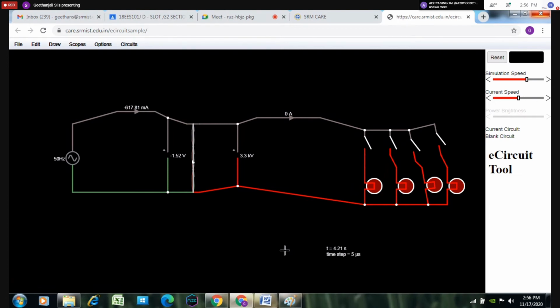Now, what to keep as nominal power in the lamp?